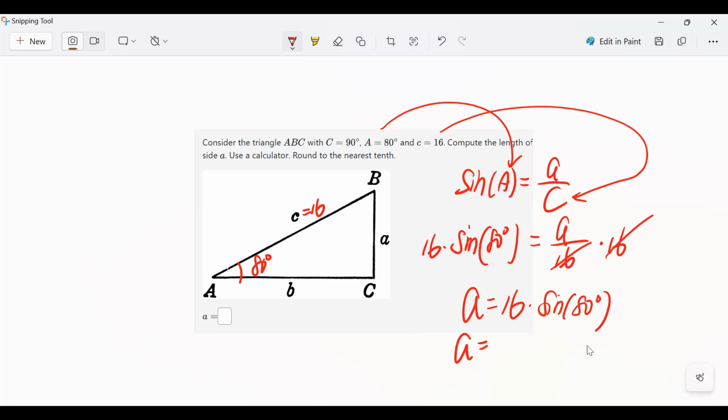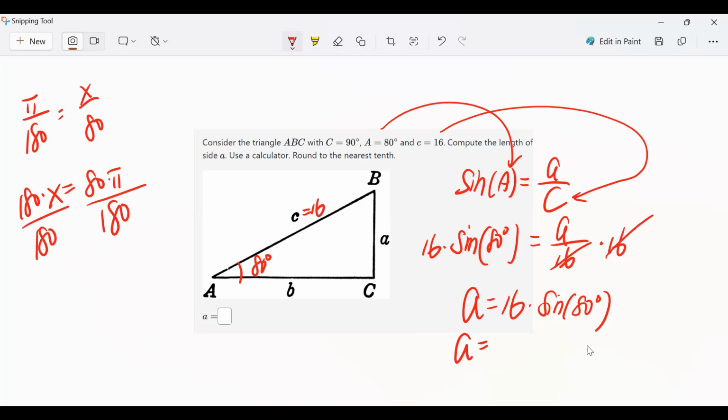And we can use the scientific calculator. Right? If you're converting 80 degrees to radian measurement, 80 over 180 times x equals 80 pi. Divide by 180 from both sides of the equation. We reduce it and we get 4 pi over 9.